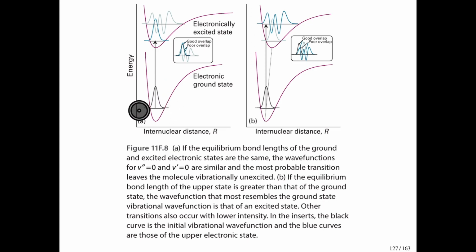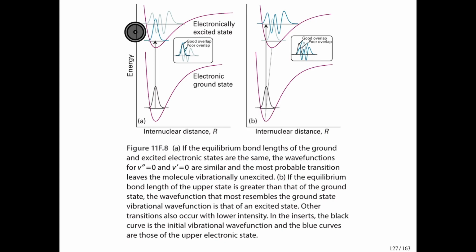So this is your initial vibrational wave function. Okay? And what we're looking at here in the excited state, this is the ground vibrational state for the excited electronic state, and this is the first excited vibrational state for the excited electronic state.